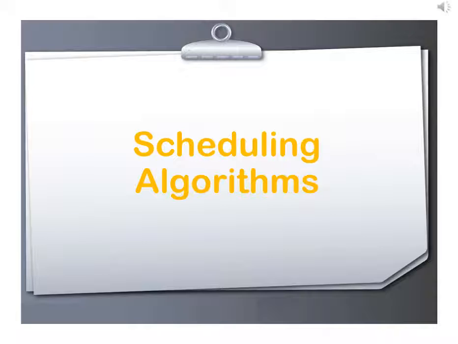The different CPU scheduling algorithms are first come first serve scheduling, shortest job first scheduling, priority scheduling, and round robin scheduling. In this video we will learn about first come first serve, FCFS, and SJF, shortest job first algorithms.